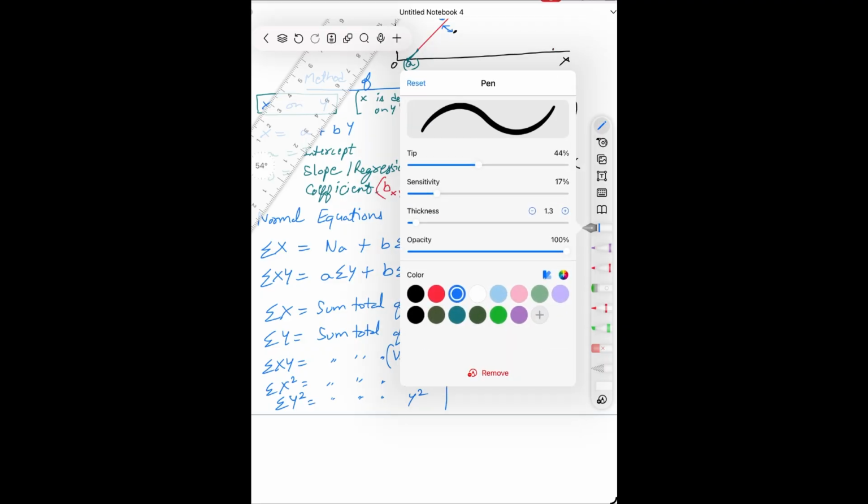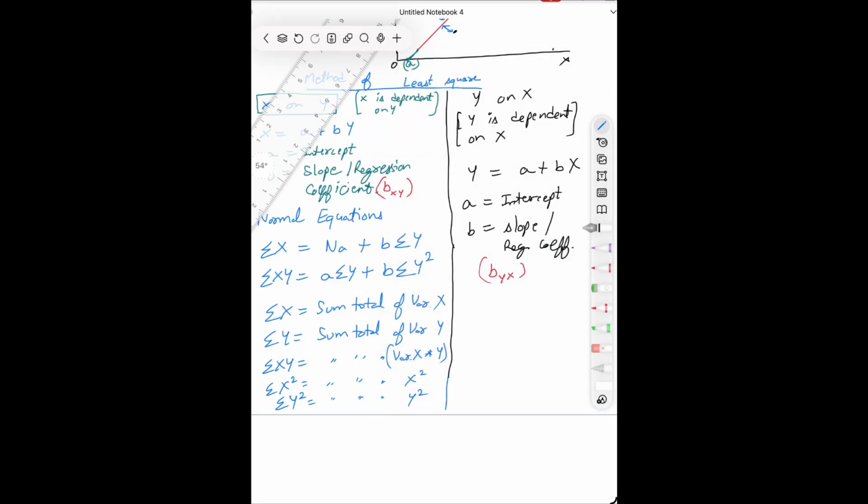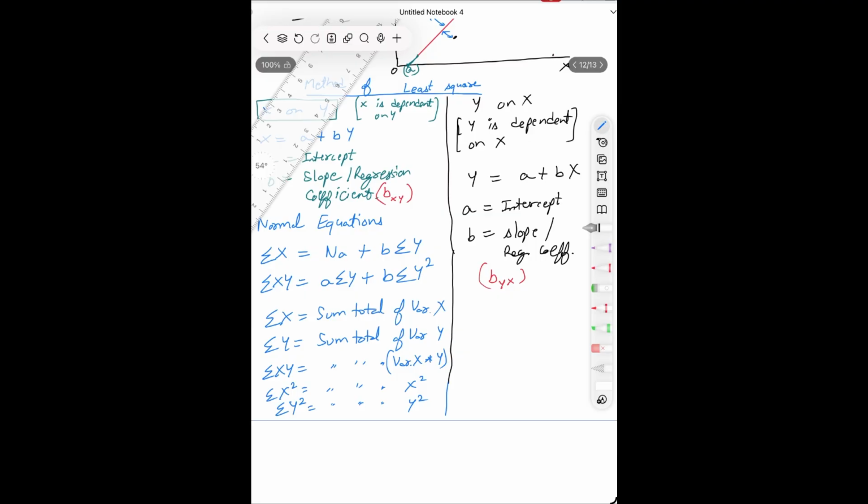Similarly, for the equation y on x, we will be using two normal equations, that is sigma y is equal to NA plus B sigma x, and sigma xy is equal to A sigma x plus B sigma x square. Now the normal question is, it appears to be mathematics and I am not that good in mathematics.